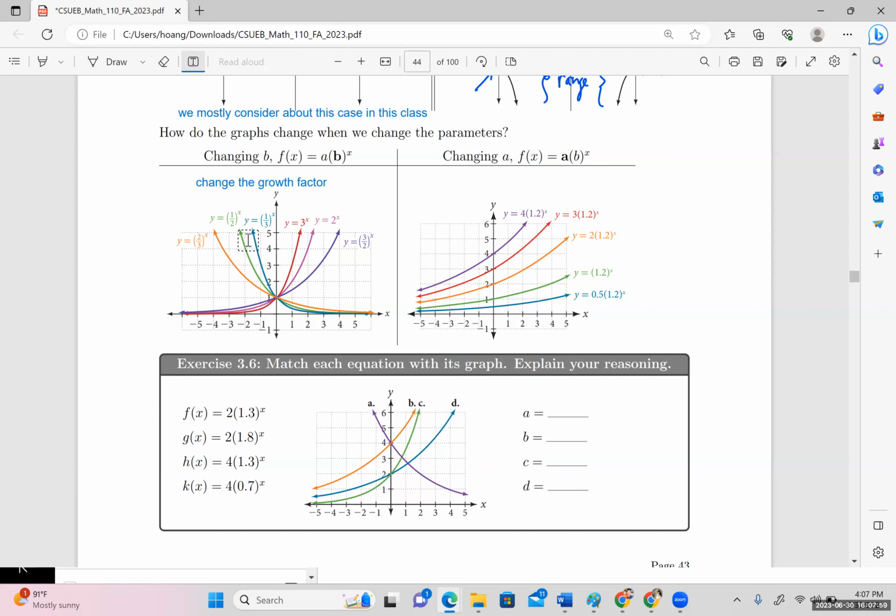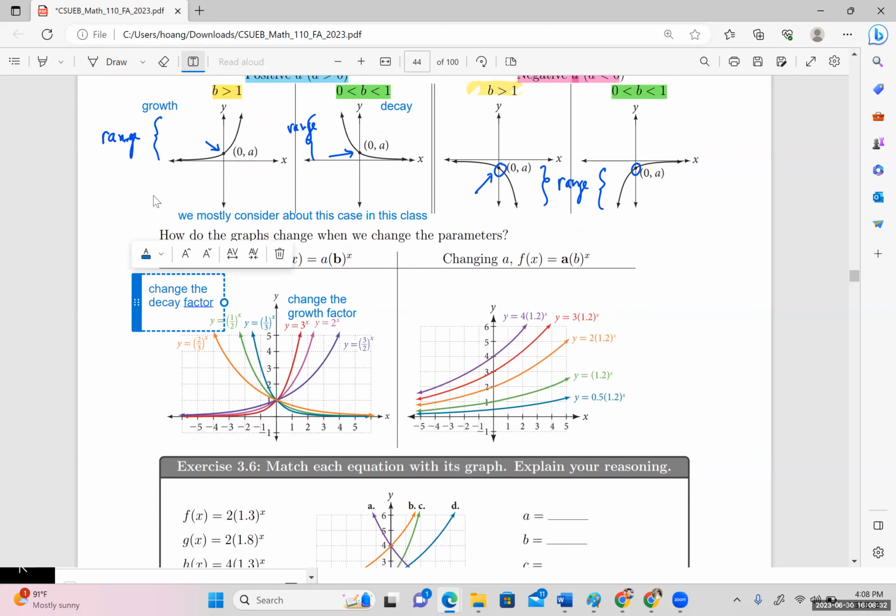As you see, if the growth factor, in this case actually, this is the decay factor. Let's say the right hand side changes the growth factor, and the left hand side changes the decay factor, because the left is the one that decays.